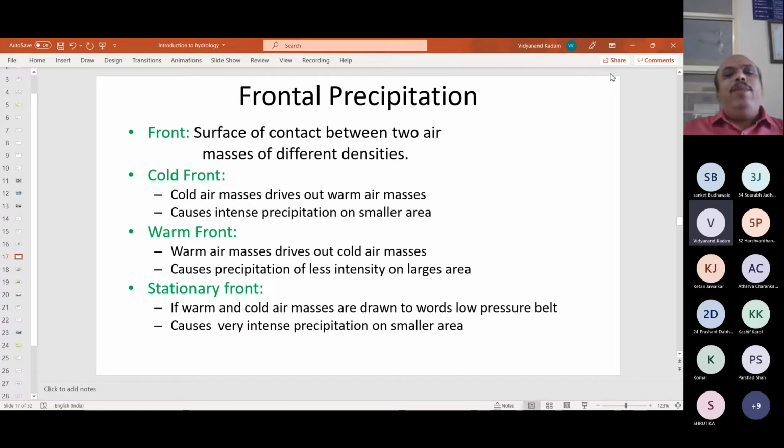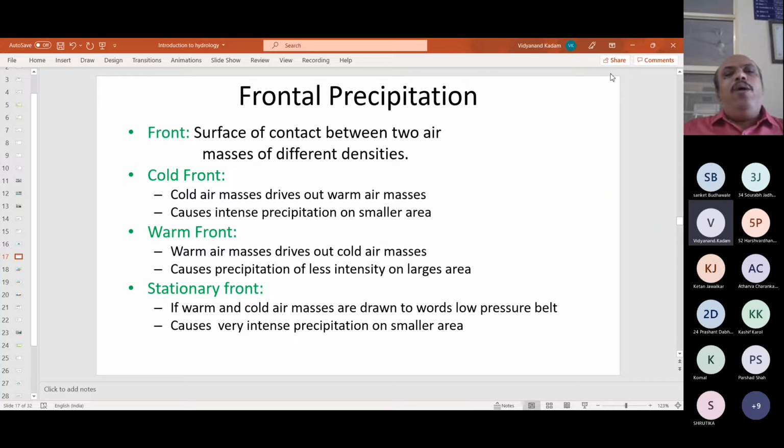Intense precipitation takes place on a smaller area when cold air masses drive out warm air masses, and in that case that front is known as a cold front.